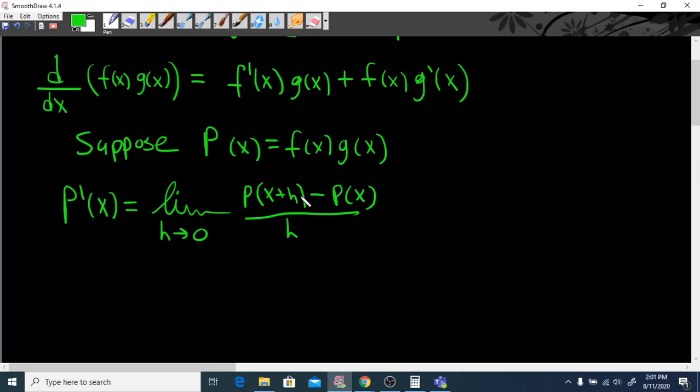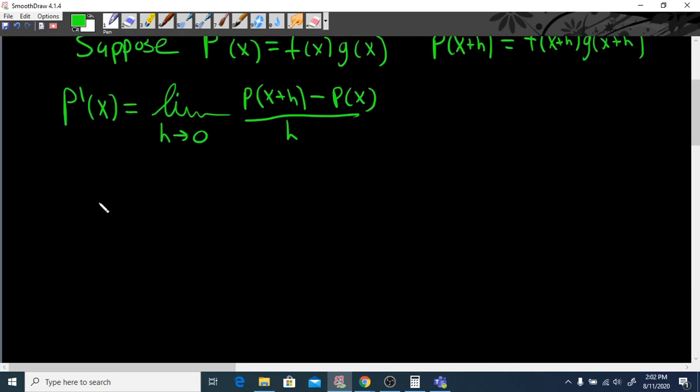And just like we've done before, we need p at x plus h. Just by substituting that in, that's just going to be f at x plus h times g at x plus h. So let's plug everything in and see what happens. Okay, p at x plus h.